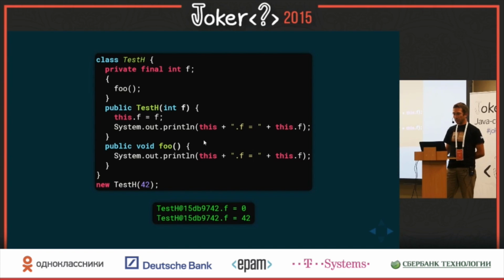The output will be 0 and 42. The problem is that this function foo will be called for every constructor, because it's in the instance initializer, and it will be called before the final variable has been assigned. This is valid according to Java, but it's a problem.